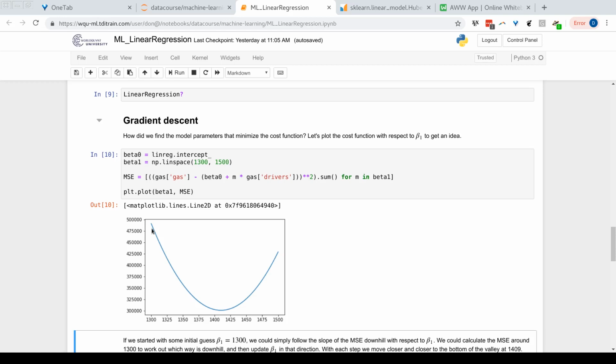So here, at this point, there are only two options. Should you go further to the left or further to the right? Should you decrease beta 1 or should you increase beta 1? The gradient is telling you that you should move towards higher values of beta. And that's what it'll do. The model will take a step towards higher values of beta and reevaluate.